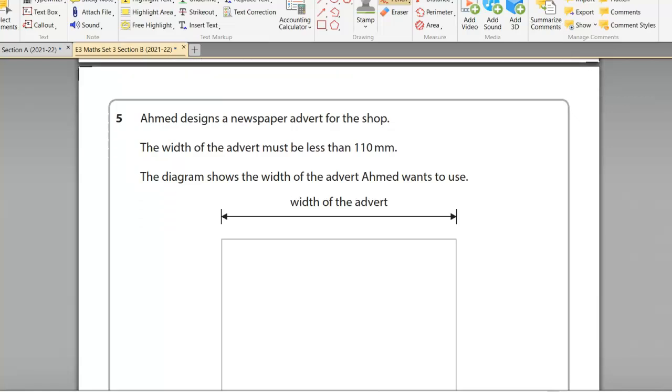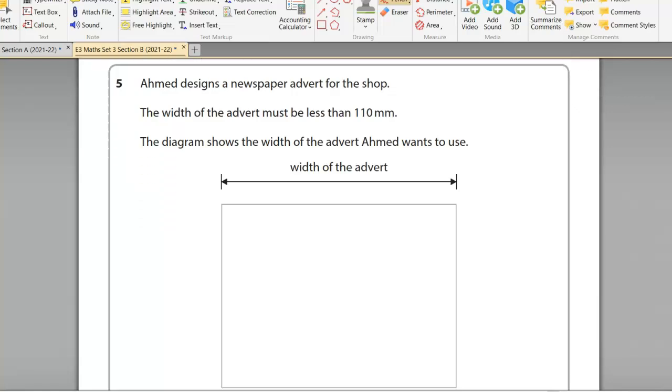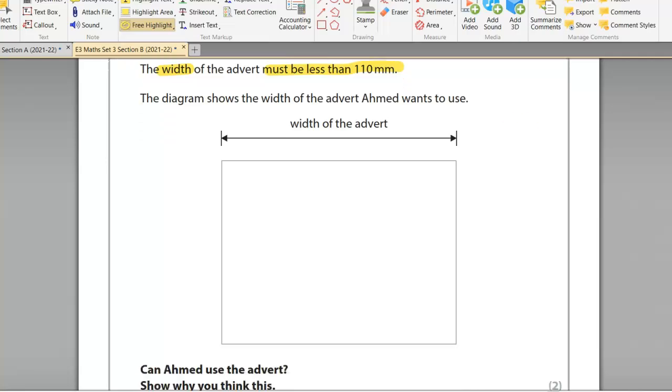Question 5. Ahmed designs a newspaper advert for the shop. The width of the advert must be less than 110 millimeters. The diagram shows the width of the advert Ahmed wants to use. Now you see on this diagram there's no measurements on there, so what this means is we are looking at an accurately drawn diagram.